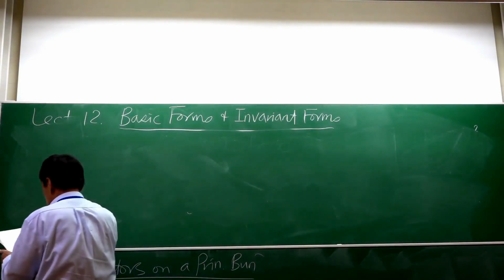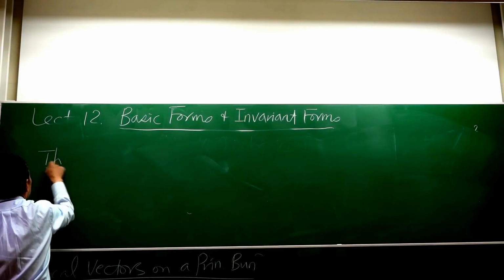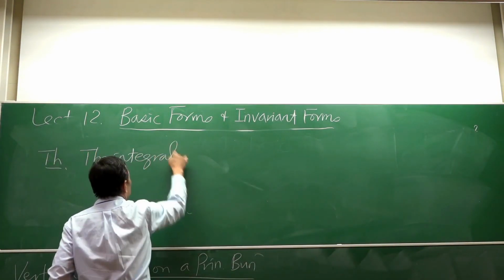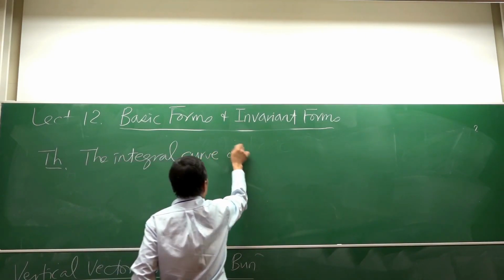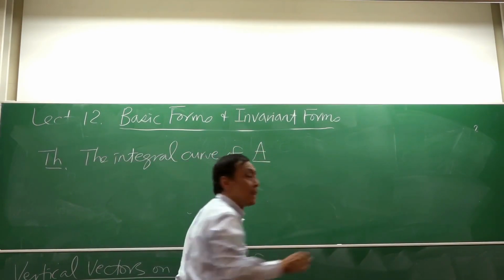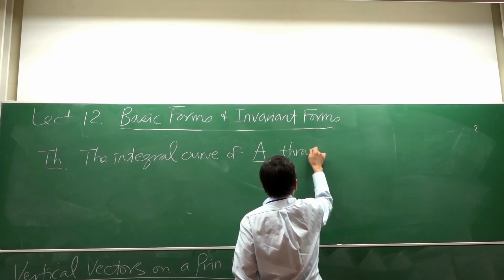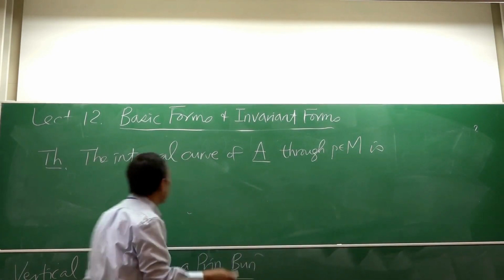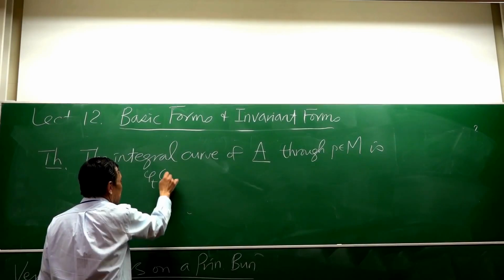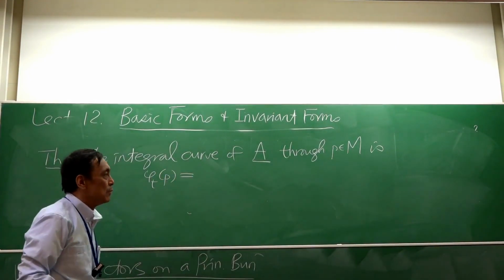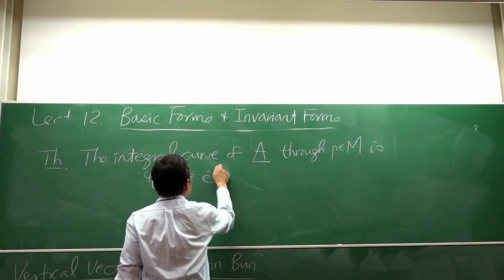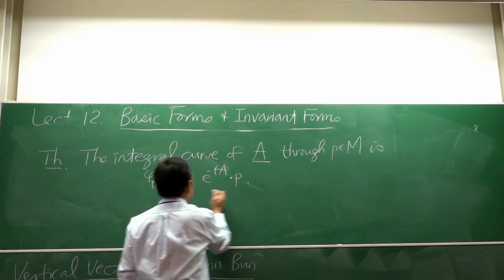So if I fix a point P, the integral curve of this vector field through P in M is phi t of P equal to, it's actually this e to the minus ta dot P. Okay?